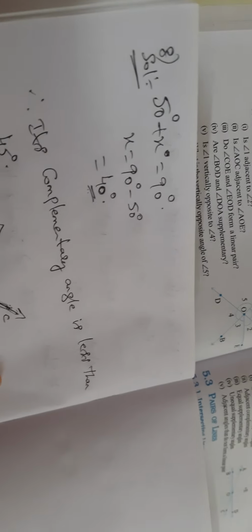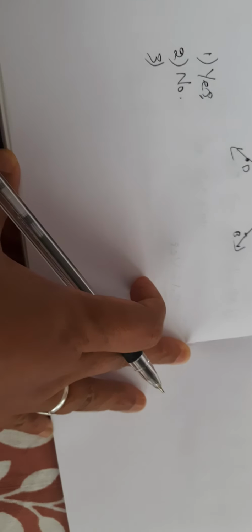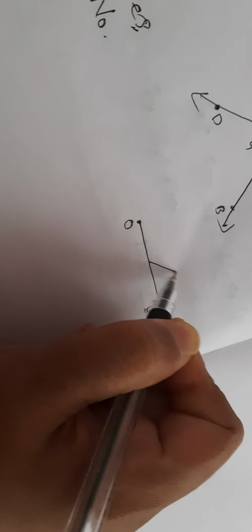Then you see the third one: do angle COE and angle EOD form a linear pair? Linear pair means what, students? One line will be there, then you have to get a straight line of 180 degrees. So now suppose they have asked COE and EOD. Now suppose I am drawing here, I am taking one more, OE. COE they have asked, then here one line is there. This is C. This is one angle here.